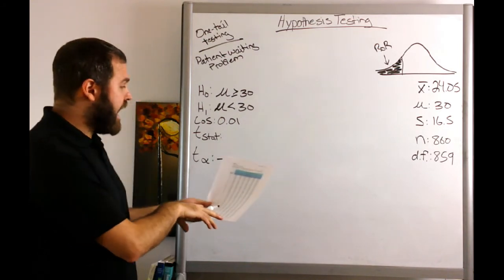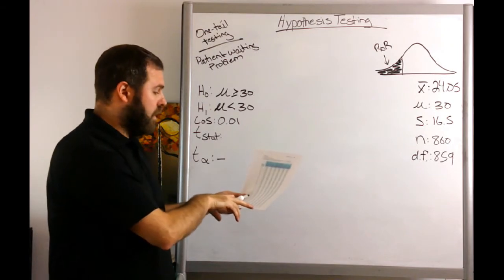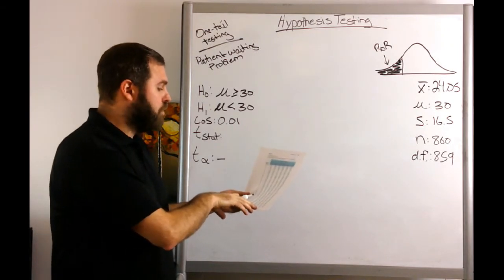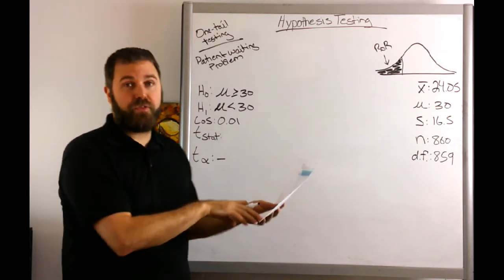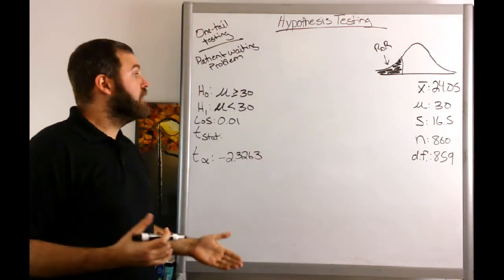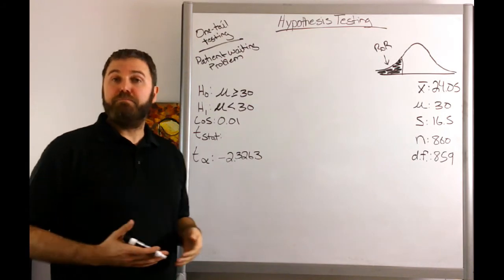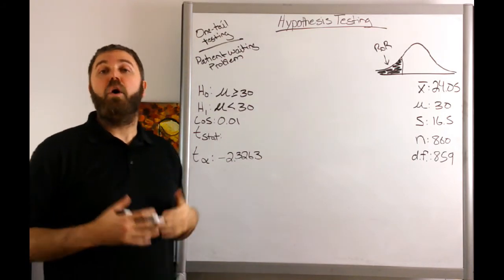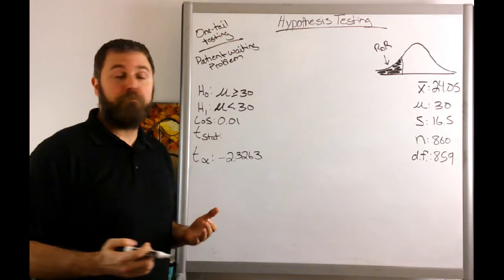And you look at 0.01, which gives you 2.3263. The next thing we're going to do is calculate our t-stat. We take our x bar minus mu divided by sigma over the square root of n.